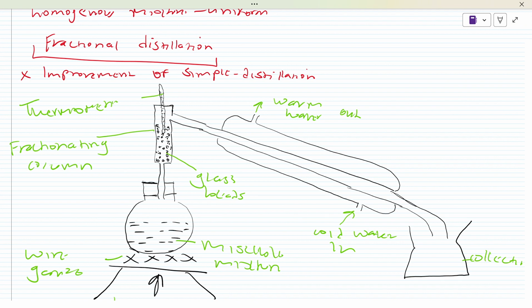And if you compare this structure and the structure that we had in the simple distillation, you see a very big difference. But it's not that big. To me, it's just a small difference, because the only thing that is new that was not there in the simple distillation is the fractionating column. So as a student, you're supposed to know what is the role of the fractionating column. What is the thermometer doing here? Those are the key things that I want you to be knowing.